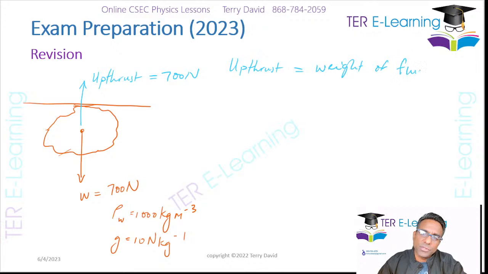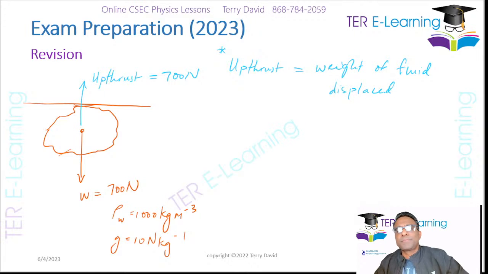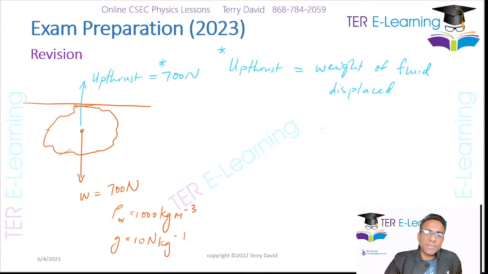Those of you who never saw this before, this is something that you need to know. Upthrust is equal to the weight of the fluid displaced. So if the upthrust is equal to 700 newtons, the weight of the fluid displaced has to be equal to 700 newtons as well.